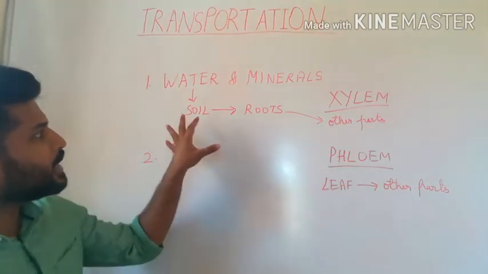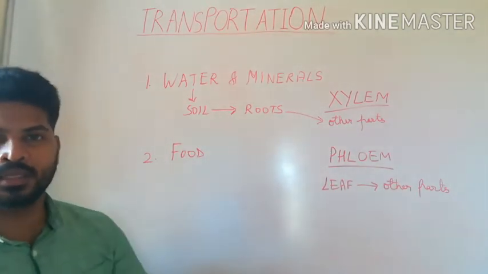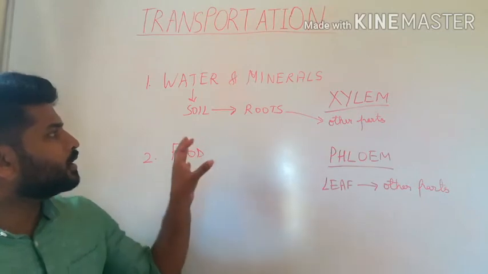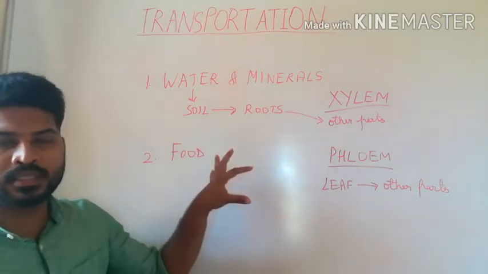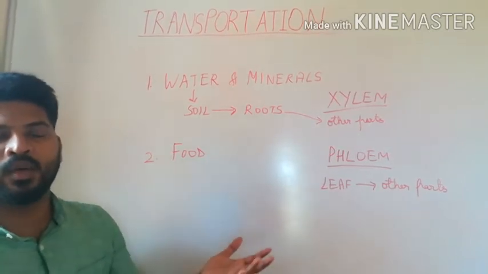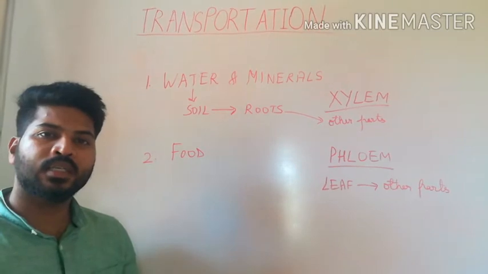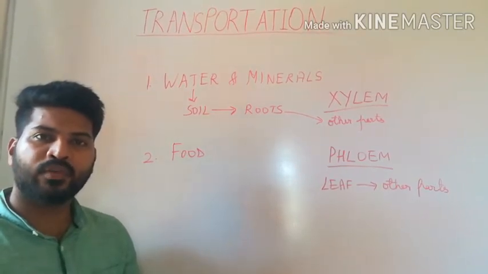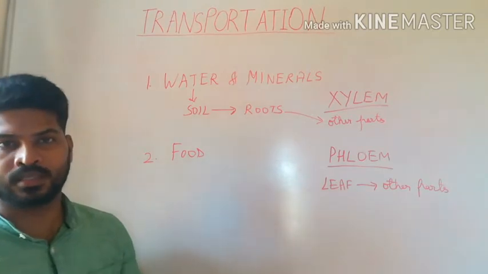In the case of transportation of water and minerals, in the soil the concentration of minerals is high as compared to the cells. Therefore, these minerals will be simply transported from the soil into the root cells.